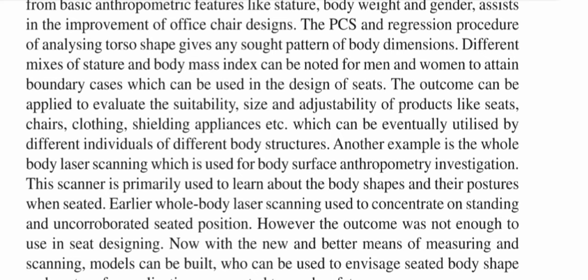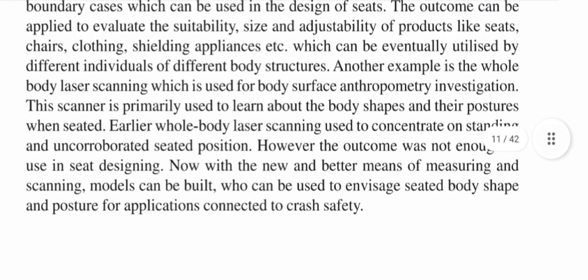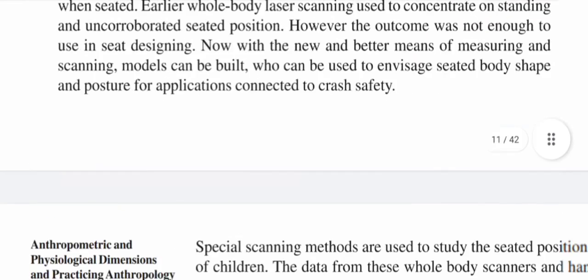However, the outcome was not enough to use in seating design. Now, with the new and better means of measuring and scanning, models can be built which can be used to envisage seated body shape and posture for appliances or for applications connected to crash safety.